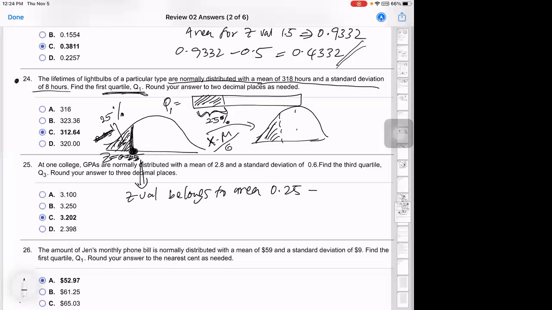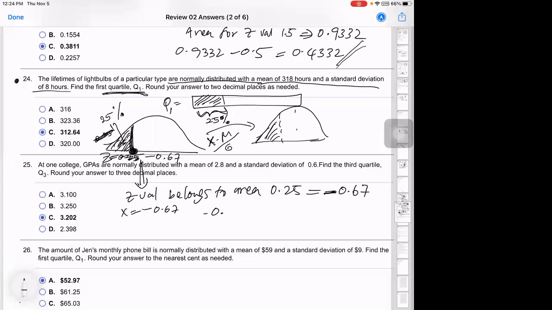So go to the Z table and find the Z value. It is going to be negative 0.67. This is the Z value, negative 0.67.